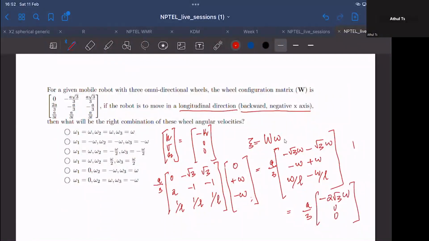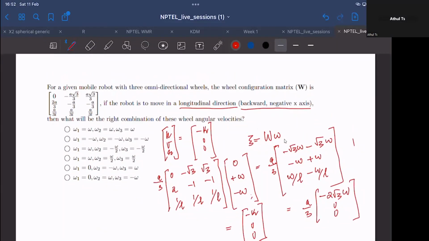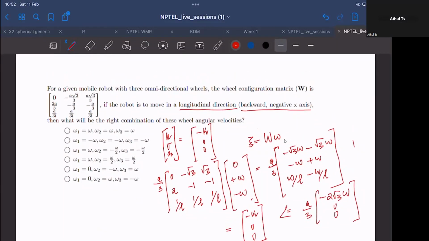This is similar to our requirement, a negative constant, 0, 0. So option 6 is indeed the correct answer. This is the right combination of wheel angular velocities.